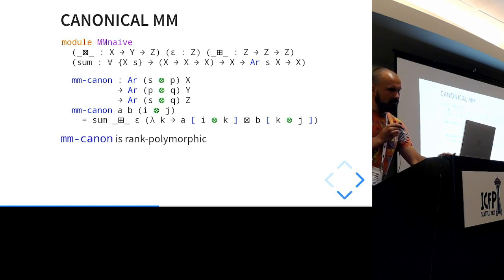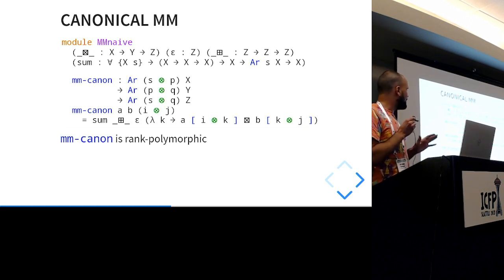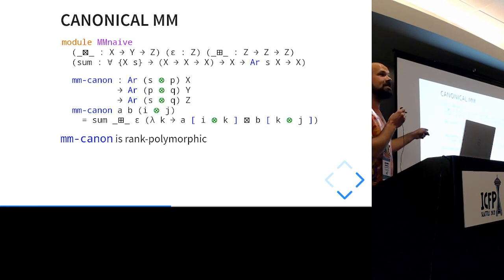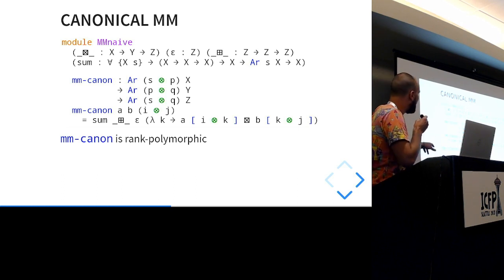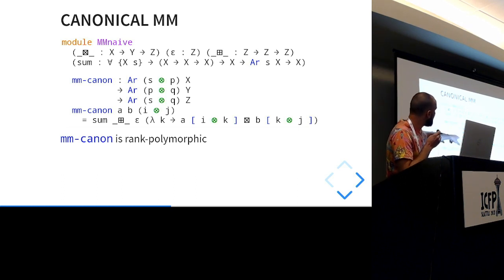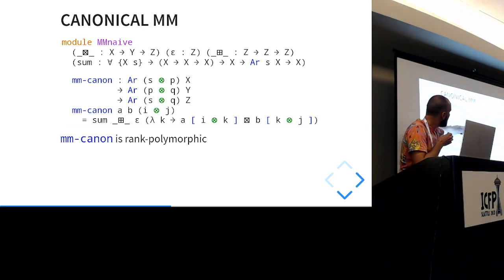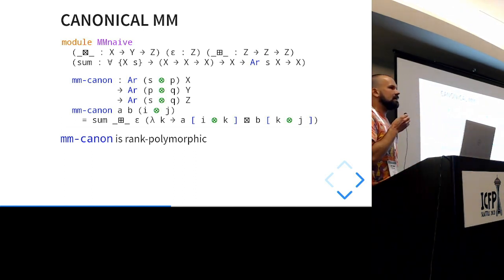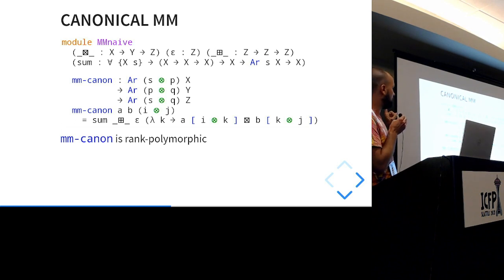Now, the key feature of this specification is it's rank polymorphic, right? I feel a bit silly that I keep repeating this rank polymorphic, like a one-trick pony. But this is a very good trick, right? And the point here is that it's rank polymorphic because these subcomponents S, P, and Q don't necessarily have to be of rank 1, right?